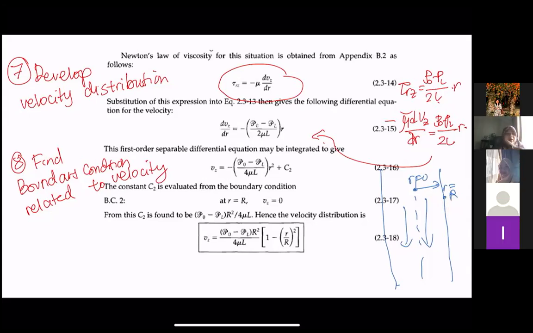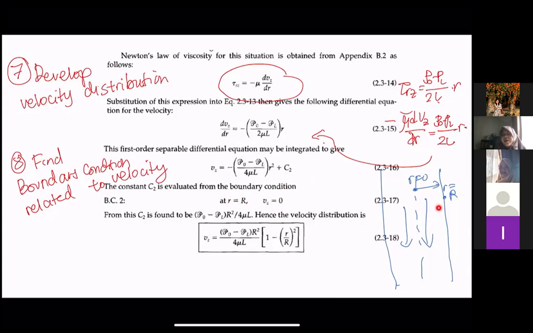The velocity on the wall equal to 0? I think for now, I think it's 0. Okay. Just to make sure, it's actually written in here. So at r equal to R, the capital R on the wall, the vz equal to 0.